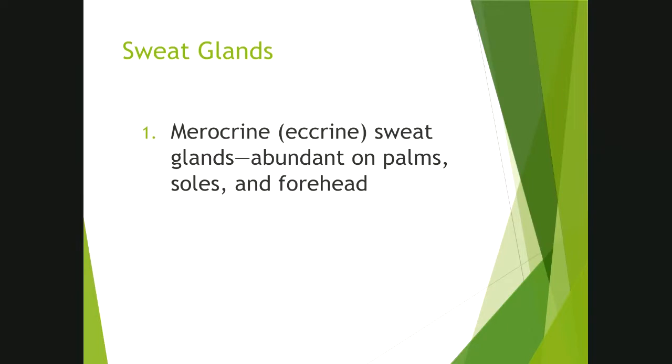Let's look at the merocrine glands first. Again, merocrine means there's no damage to the cells. And so if we look in the sweat, there's nothing in the sweat that has anything to do with cells. It's just plain old normal sweat. Well, we have these all over our body, everywhere.